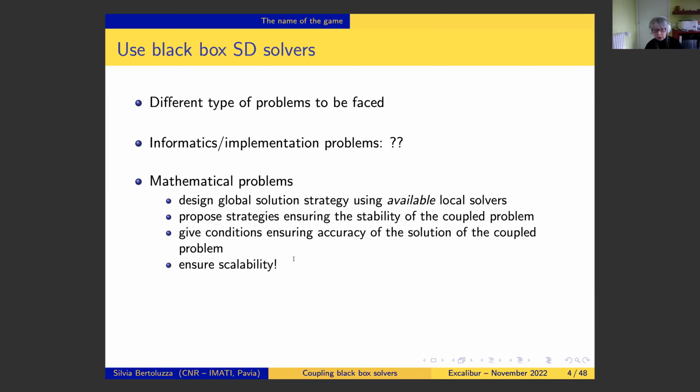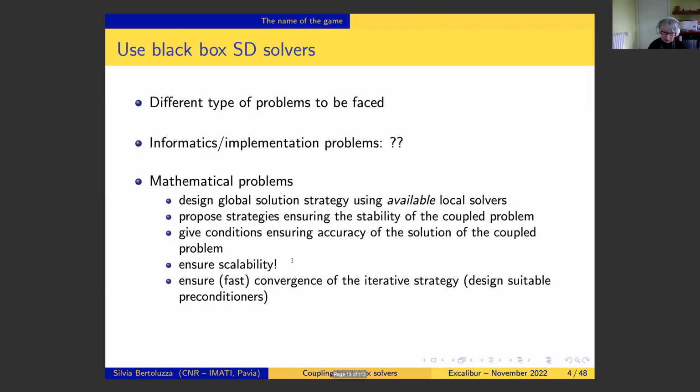So if you can split the same problem into smaller problems, you would like to diminish the execution time proportionally, and ensure fast convergence by designing a suitable preconditioner. And of course, the black box idea is that for all of this, you are not allowed to modify the local solvers.